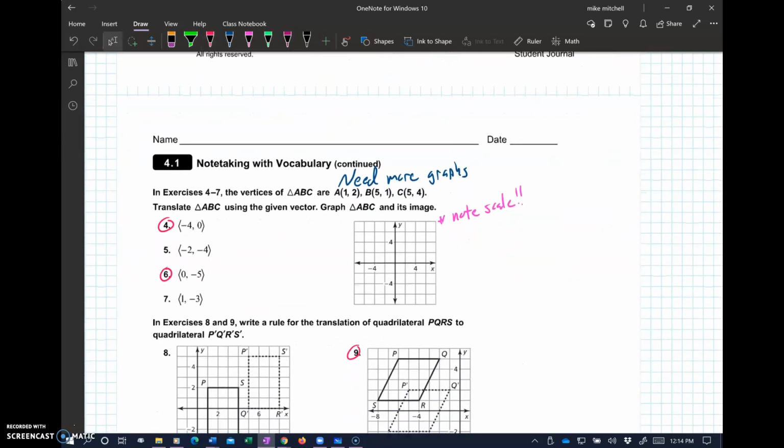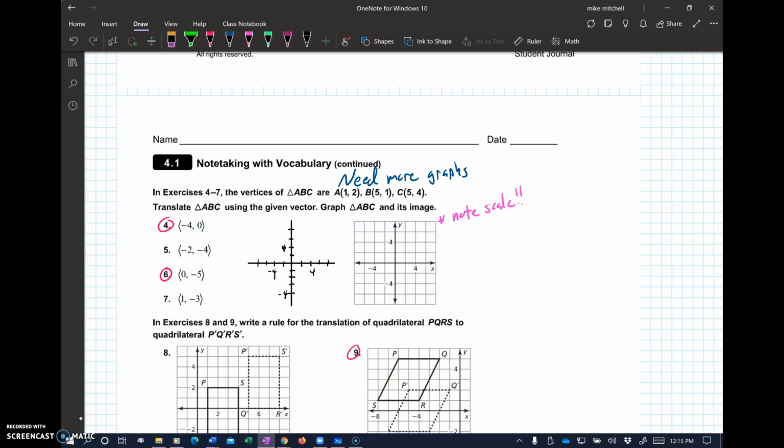This one, I wish they would have put some more graphs in here for us kids, but they didn't for some reason. The first thing I notice on this one is the scale. Notice the scale, we've got 4s here. That means I've got to be going 2, 4, -2, -4.